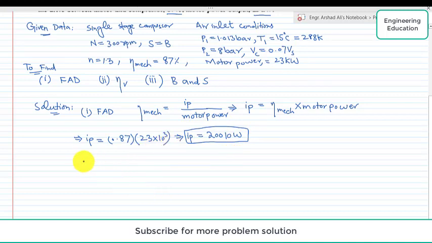Now we also know that for a single stage compressor, the indicated power is equal to n over n minus 1, P1 V dot, into (P2 by P1) raised to power (n minus 1) by n, minus 1.